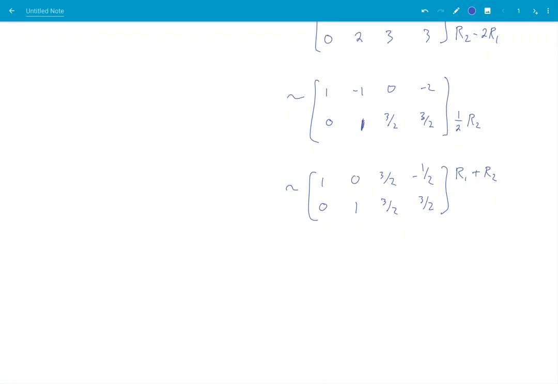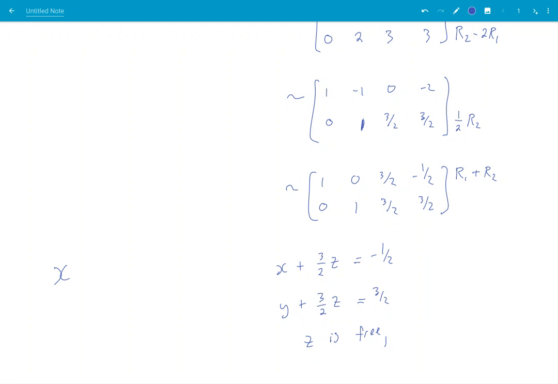Okay, so what does it say? It says that x plus 3 over 2 z is -1/2. y plus 3 over 2 z is equal to 3/2. z is free. In the question, we are asked to find just any old vector x. Sorry, I'm getting confusing here.